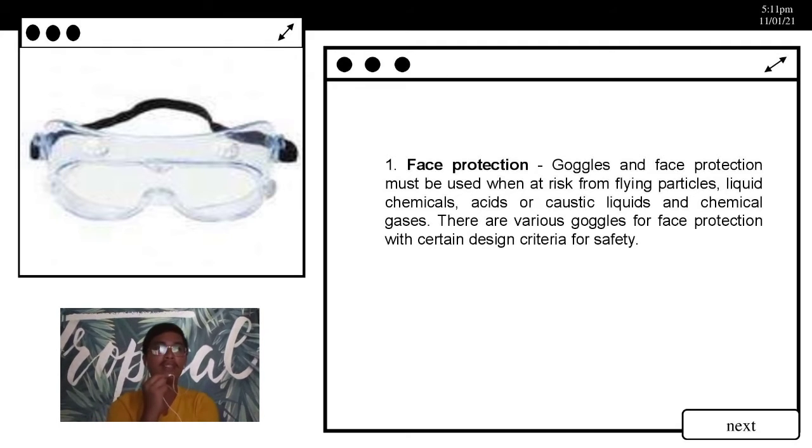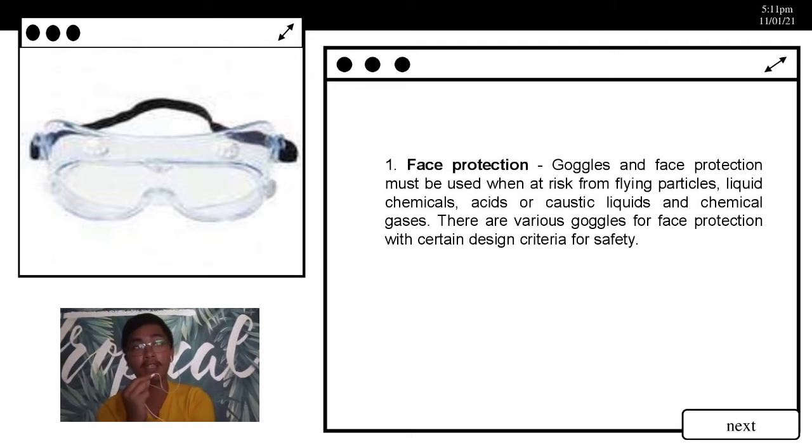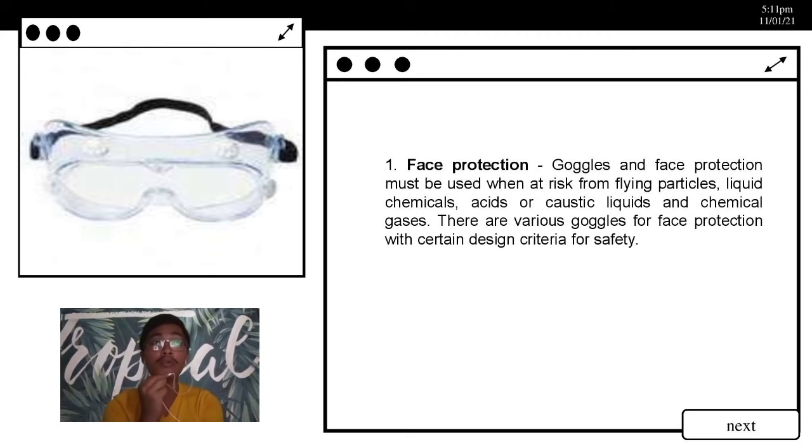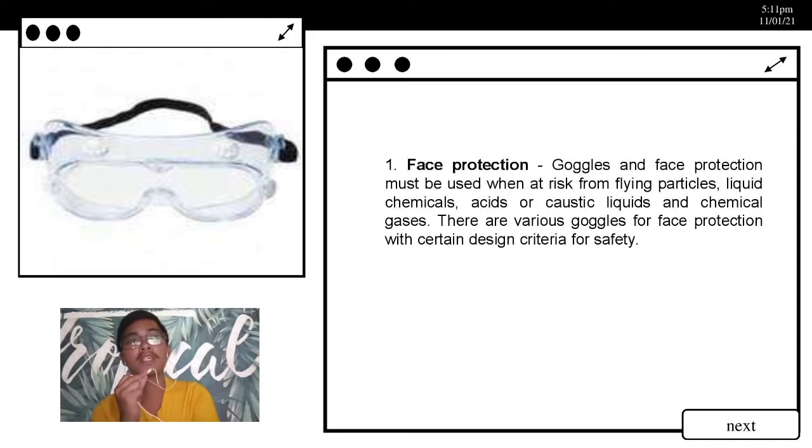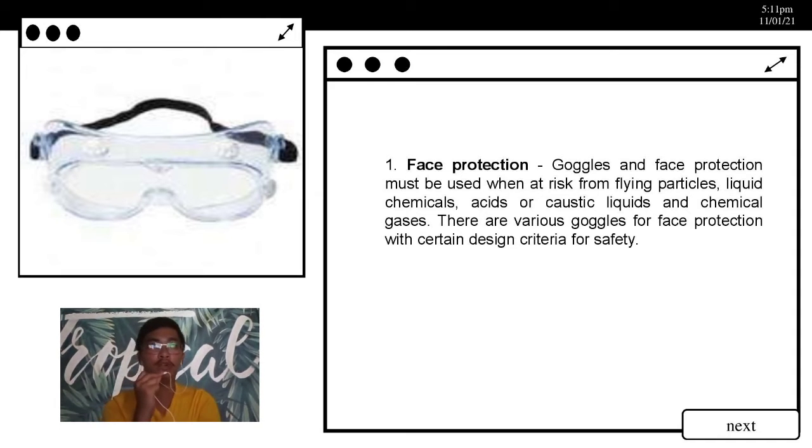So next is the impact goggles. The impact goggles, as I have said, same with the chemical splash goggles, would also protect you from flying debris. These impact goggles are only intended for flying debris only. The next one is face shields. Face shields are common since we are in the midst of the pandemic now, where face shields are useful.